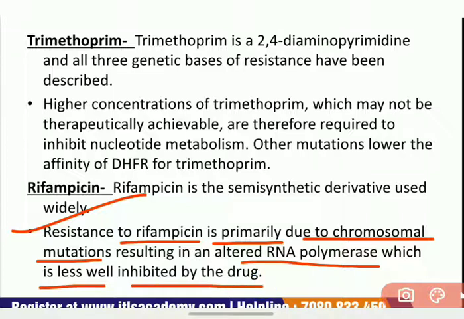The mutations tend to be clustered within short conserved regions of the beta subunit gene of RNA polymerase. Similar mutations have been found in all bacterial species studied thus far.